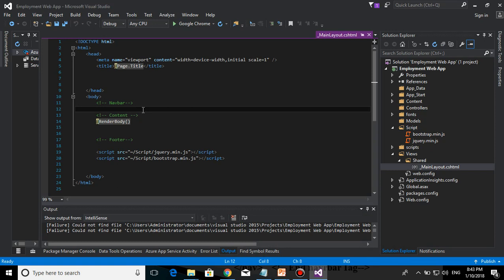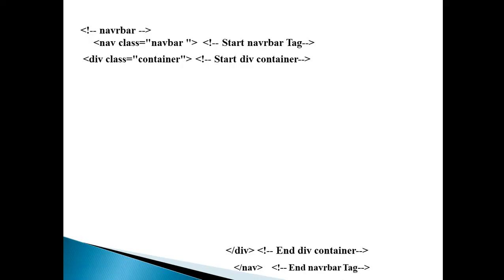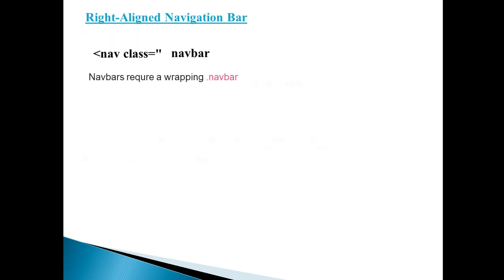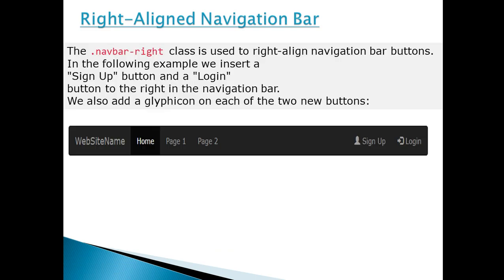So now we are using Bootstrap to create the first navigation bar for our website. This navigation bar will be inherited in all our pages. In our example, it should be right aligned, and this is how it's going to look.